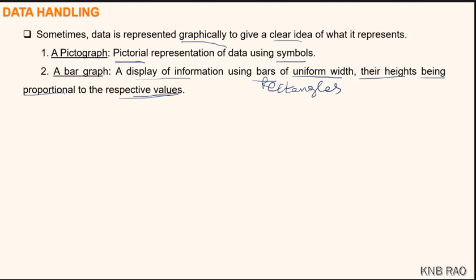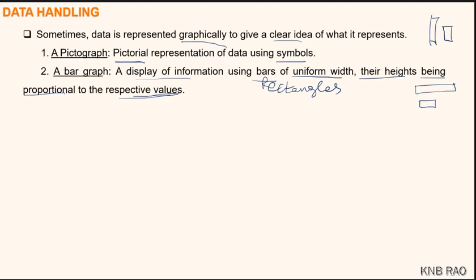Okay, you have seen rectangles drawn on a graph sheet, either vertically like this, or horizontally like this. So vertical bar graph or horizontal bar graph, they are of rectangle shapes with uniform width and uniform gap between them, where their heights or the length is proportional to the respective values. This is what a bar graph you have learnt already.